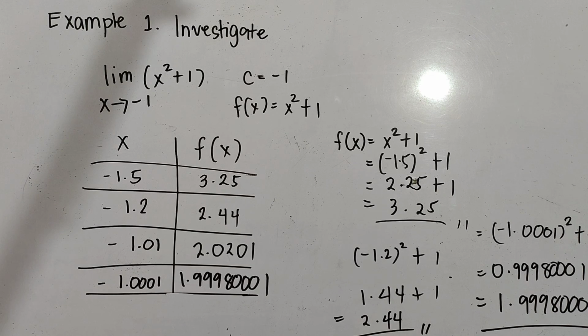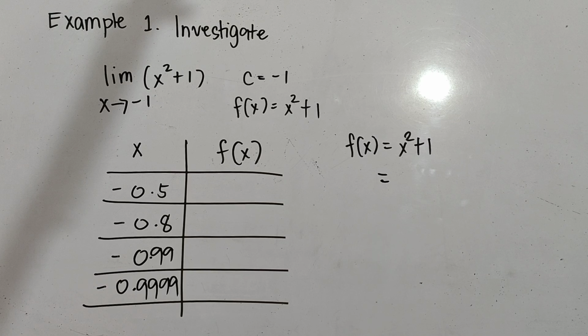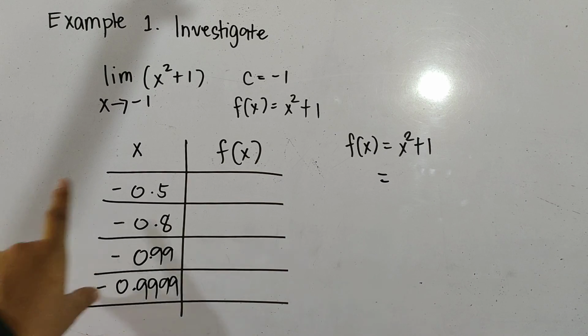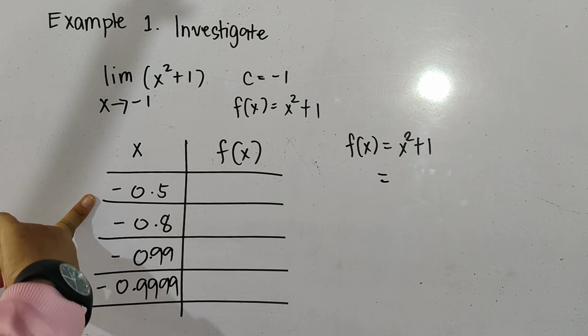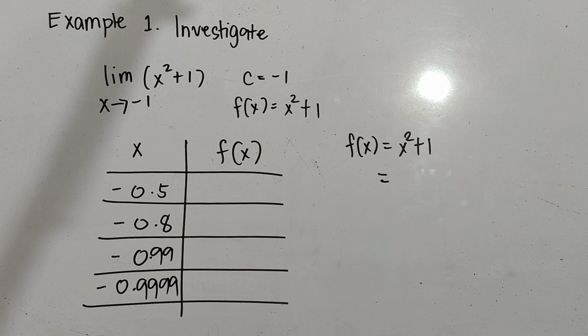Okay. How about if we approach from the right, or values that are greater than negative 1? Let's try finding the value of f of x when x is equal to negative 0.5. Approaching from the right, so greater than negative 1.